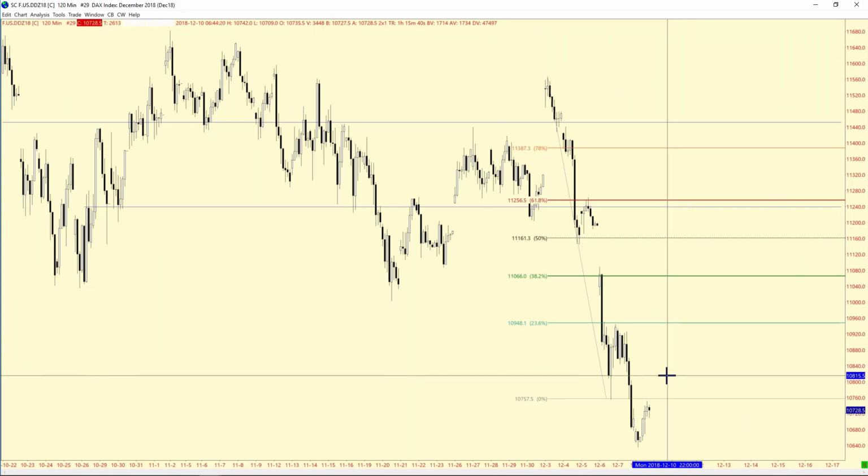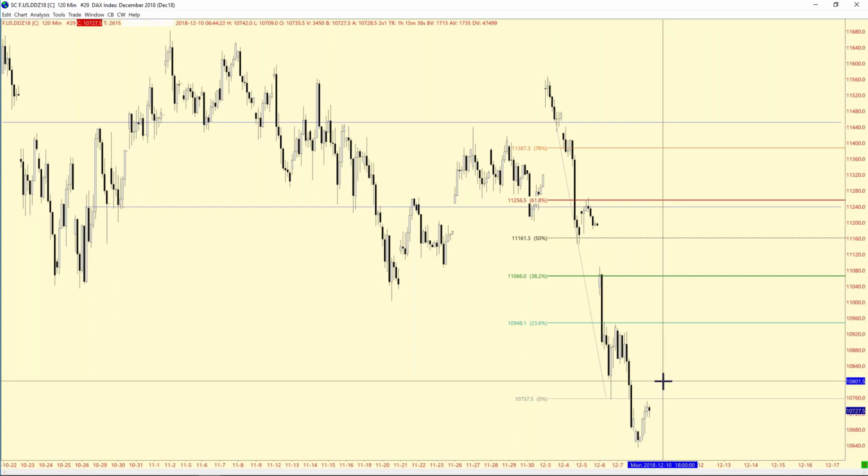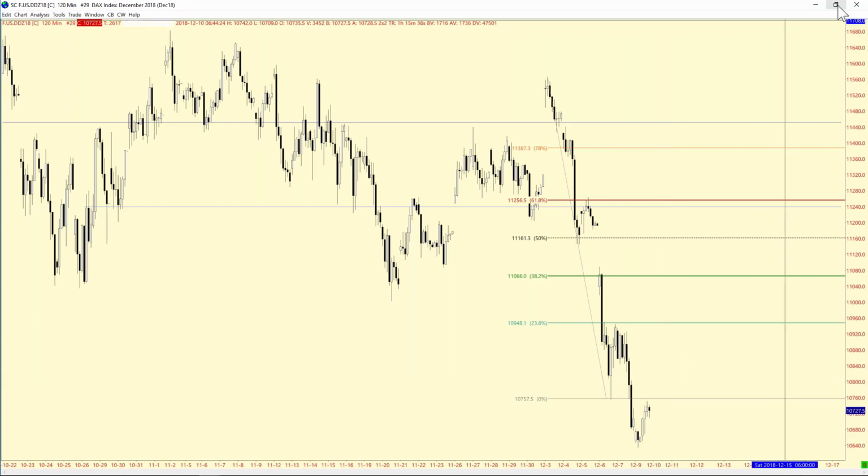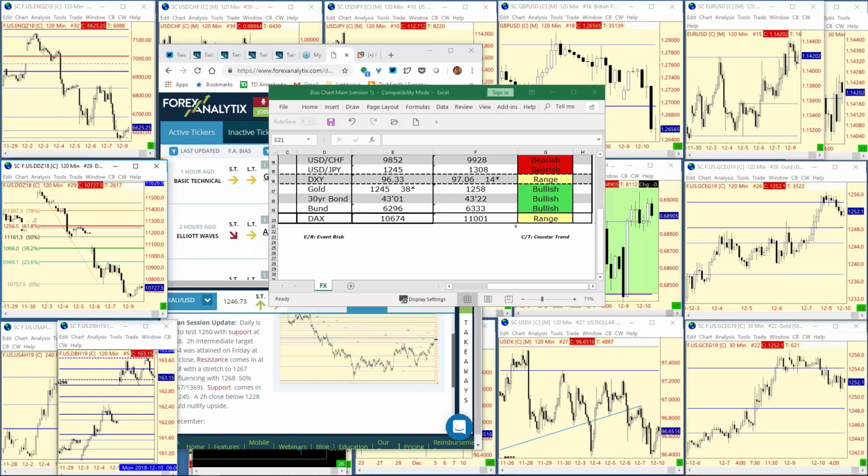If we can make that move higher, cut right there, 10,801. Obviously very bearish.